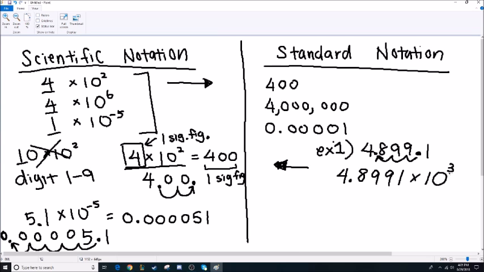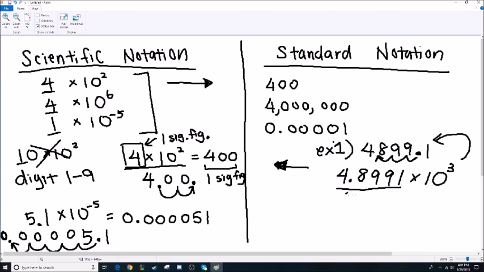Now the way you check if you put the correct exponent is you think, okay, so I have my 4.8991. If I want to change it back to the original number, which was 4,899.1, does this number right here, 4.8991, need to get bigger or smaller?